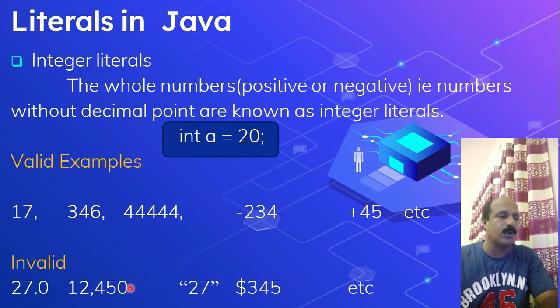Remember, you cannot put a comma. And this one has 27 written in double quotes. That is the problem, so that is also not possible. This is another special symbol, $345, so this is also not valid. These are some invalid integer literals.